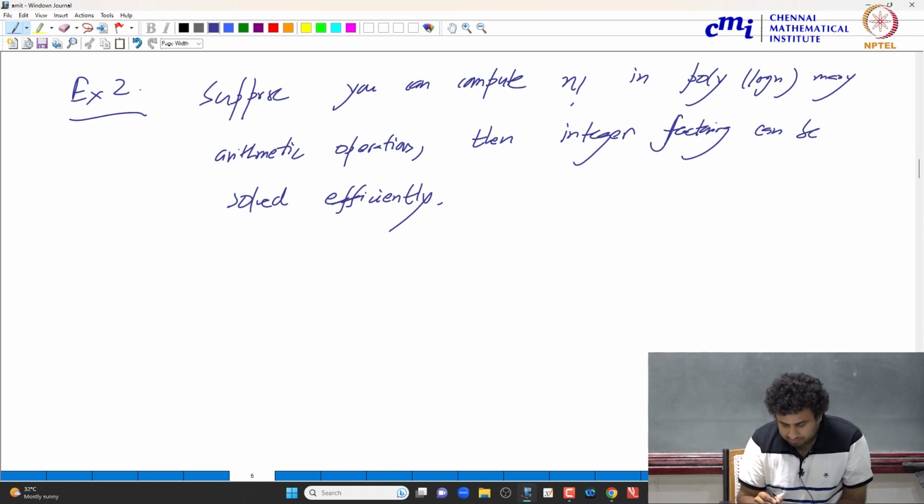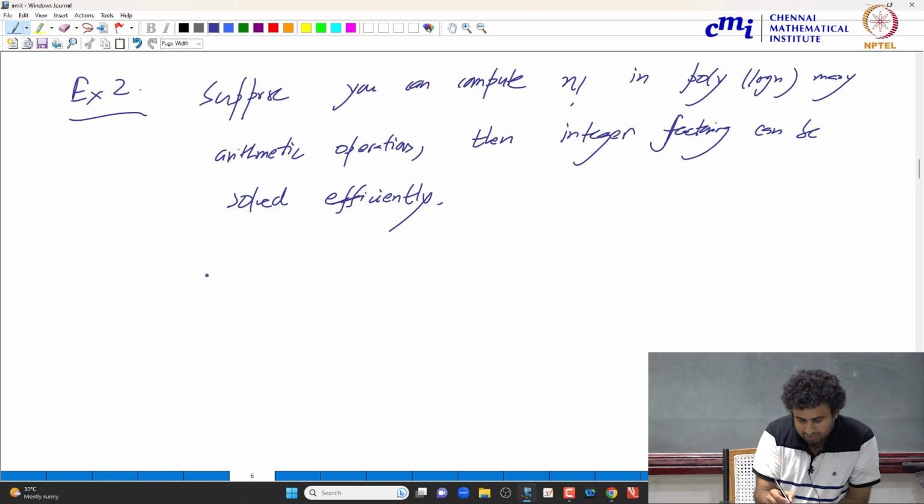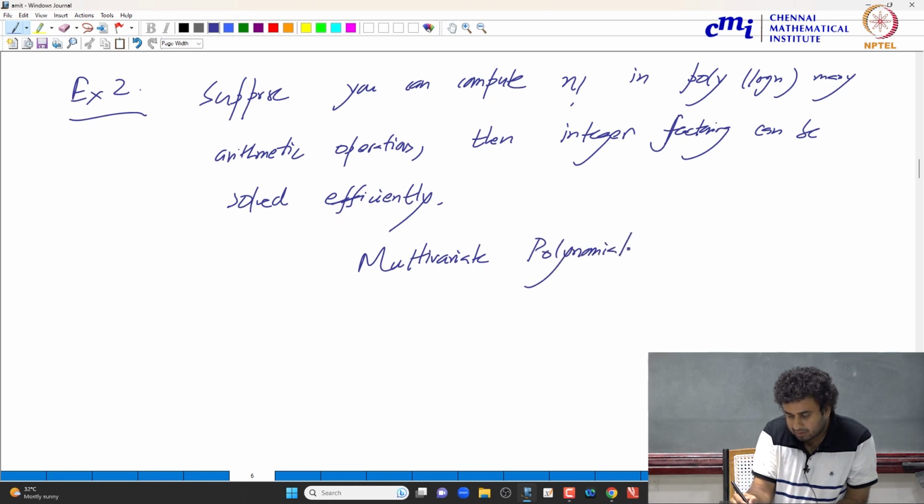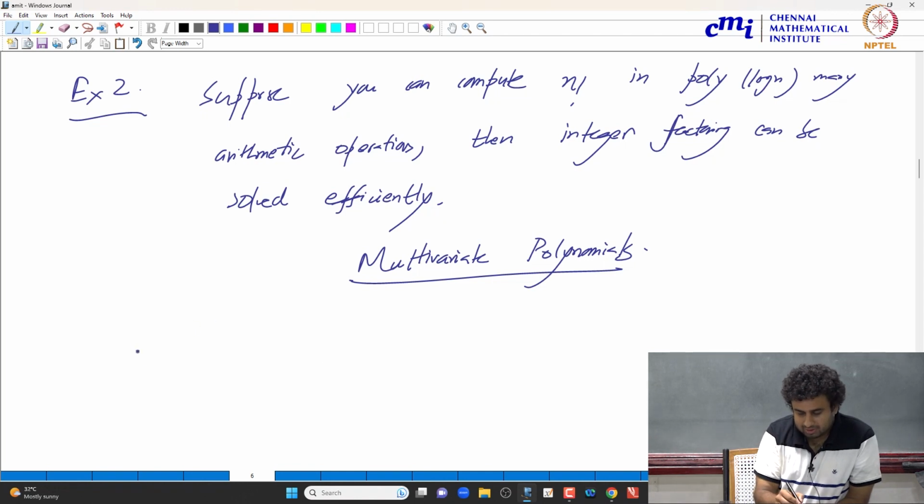Now I move on from univariate to multivariate polynomials, where the number of variables can be any arbitrary n. How many additions and multiplications do you need to compute multivariate polynomials, that is the question.